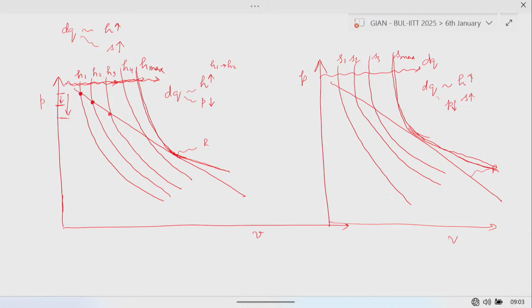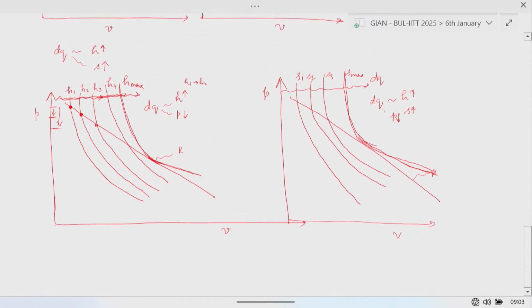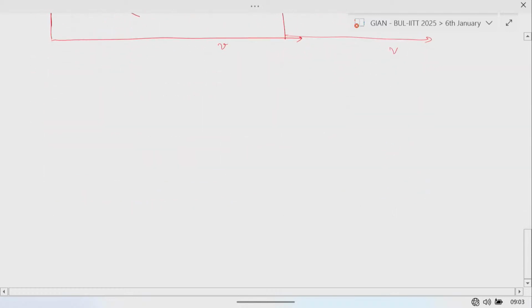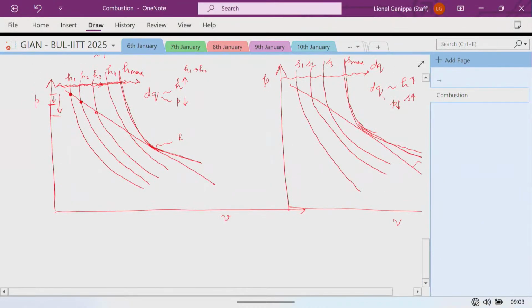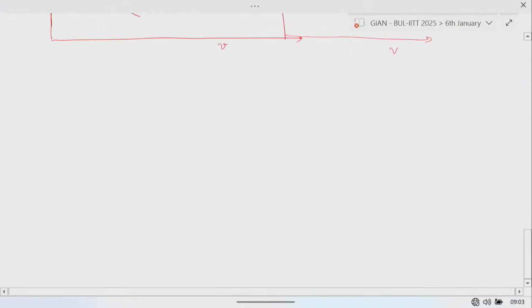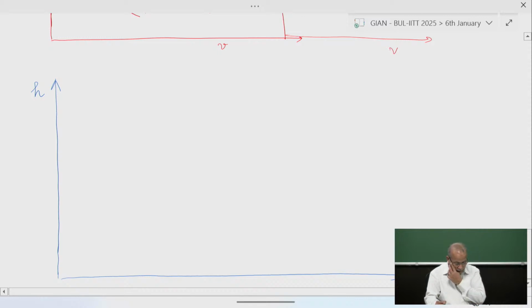Now we have to make use of this knowledge, and we'll try and plot these effects on an enthalpy entropy diagram of a combustor. Okay, so here is the enthalpy entropy diagram.